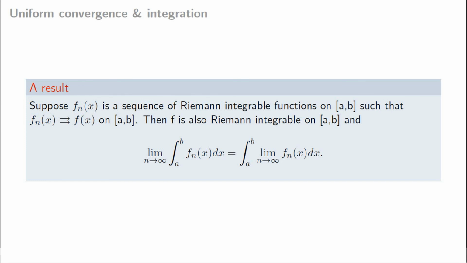So lastly we find that as a consequence of uniform convergence, we can interchange the limits on x and n, we can interchange differentiation and limit operators, and we can also interchange the integration and limit operators.